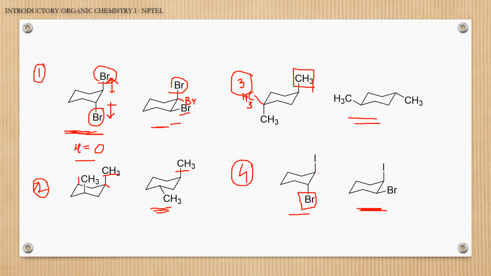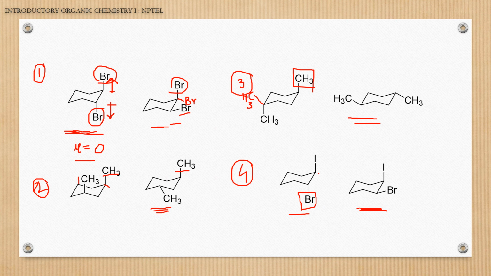Here, this is stable because the dipole moment is getting cancelled. So that is why it is a stable conformation. But here, the electronegativity of bromine and iodine is very different. So that is why you are not getting the dipole moment values equal. So here, you want both the atoms to occupy the equatorial position for stability.